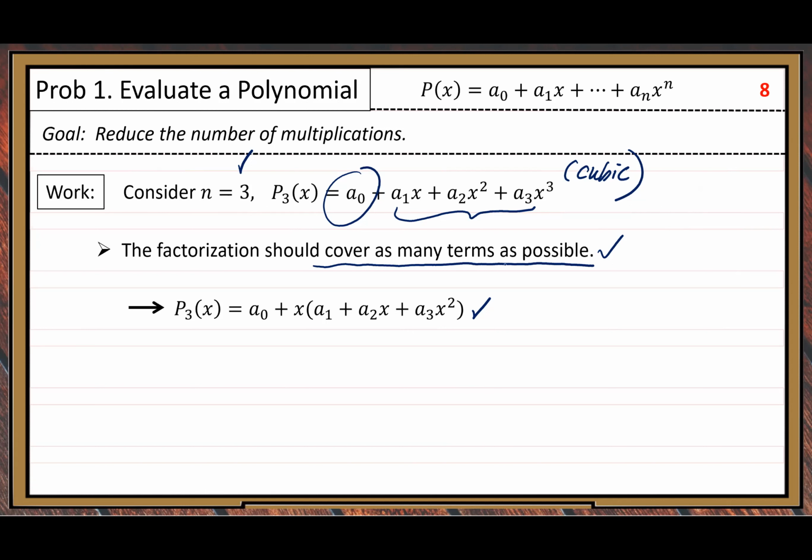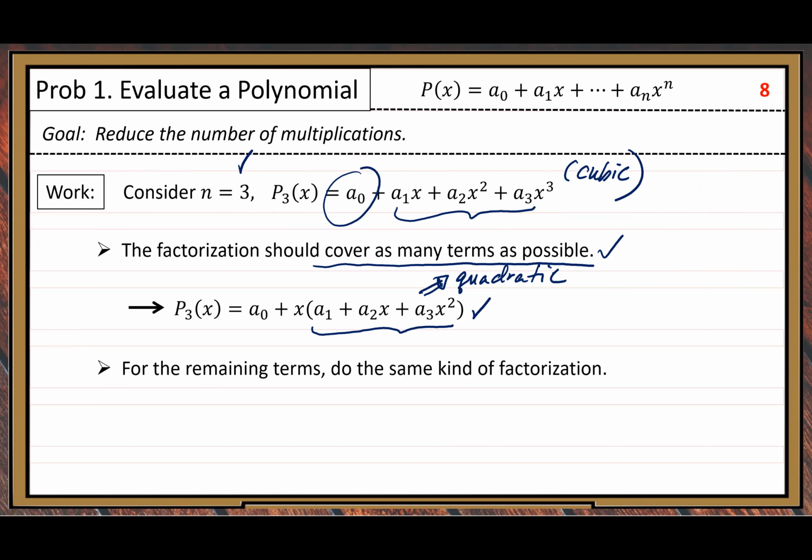After that, look at the polynomial inside the parenthesis. Inside the parenthesis, it's a quadratic polynomial, right? And we just did factorization on the quadratic polynomial for n equals 2. Can we do it again here for this parenthesis part another time?